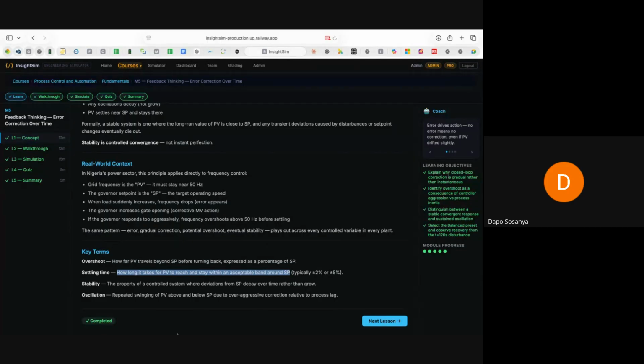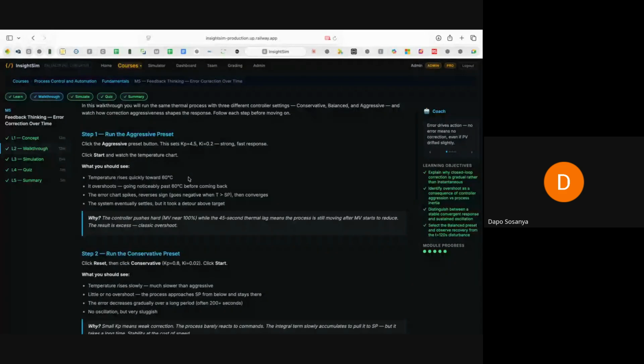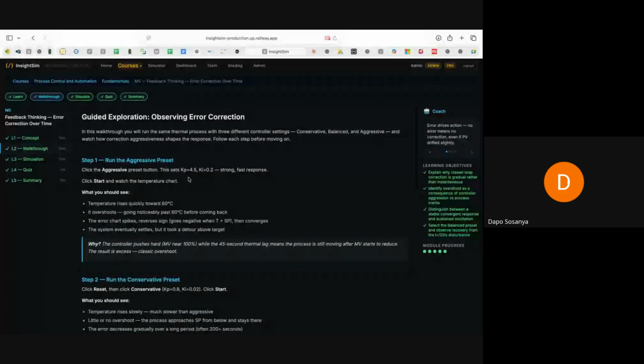All right, so let's look at the next, the walkthrough. This is just a walkthrough of the simulation we'll do in the next lesson, right? In this walkthrough, you will run the same timer process with 3 different controller settings.